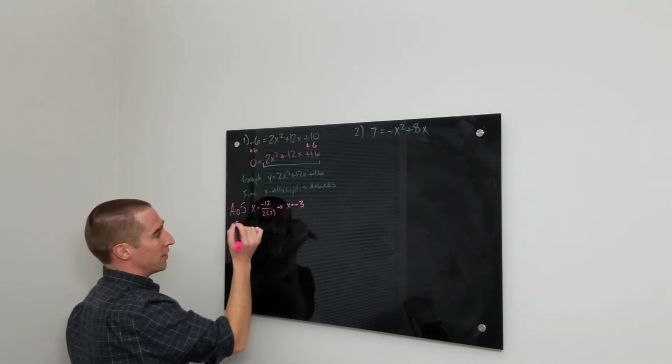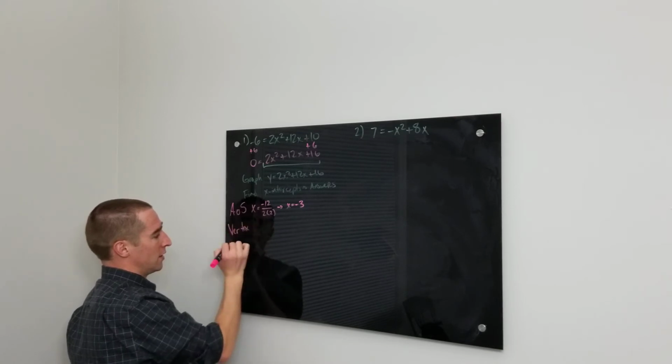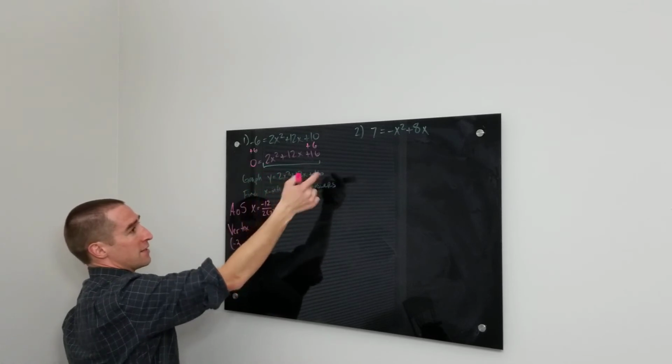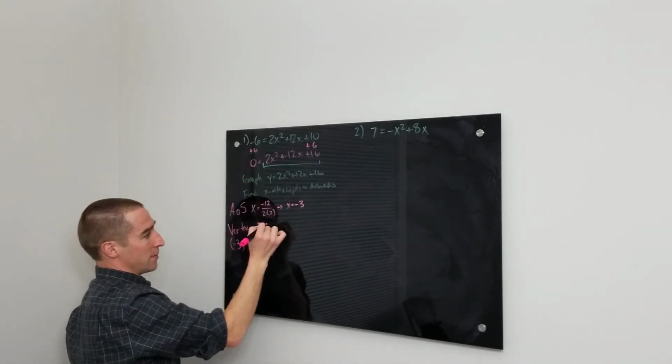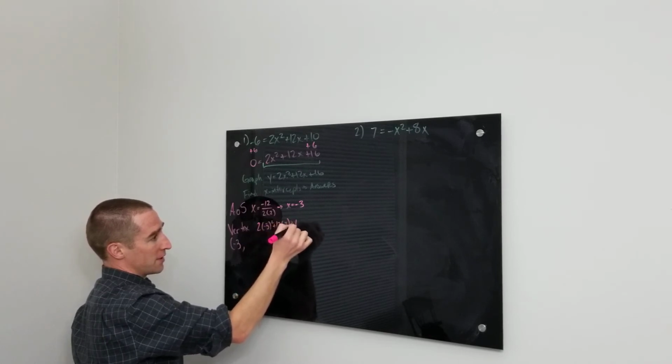X equals -3. So now we can put our vertex on there, which is going to be -3 comma. I'm going to replace the x's with -3. So I get 2 times -3 squared plus 12 times -3 plus 16.